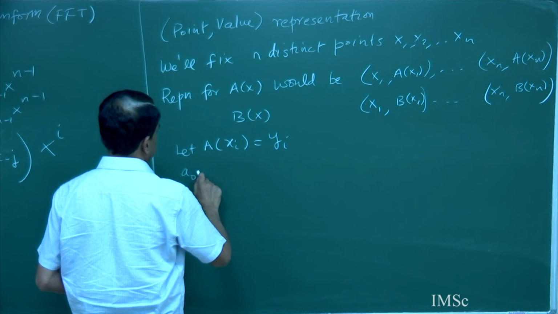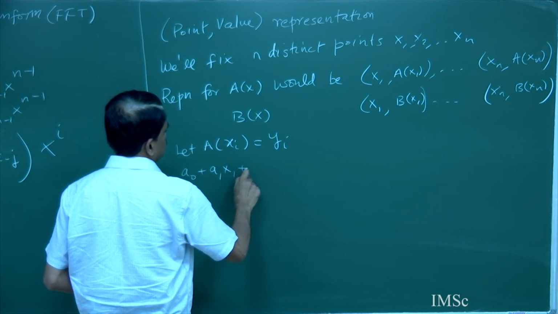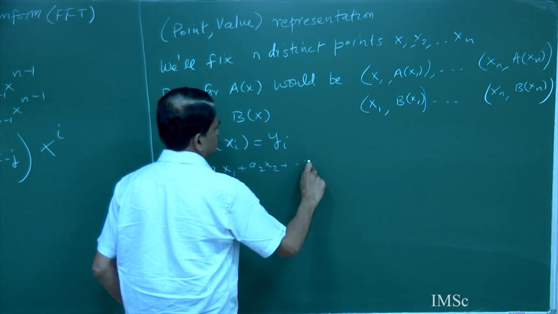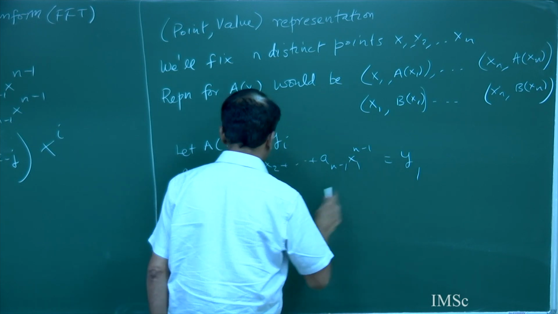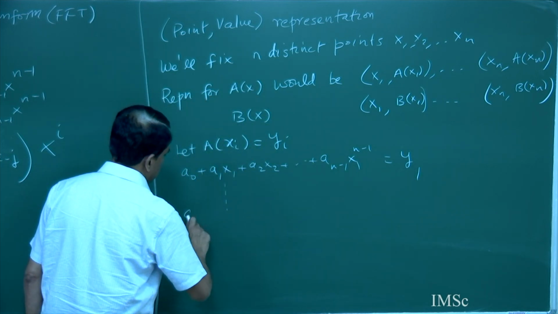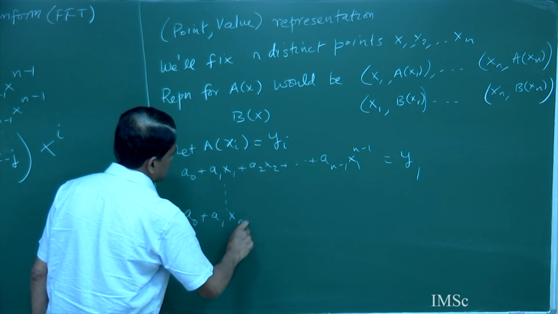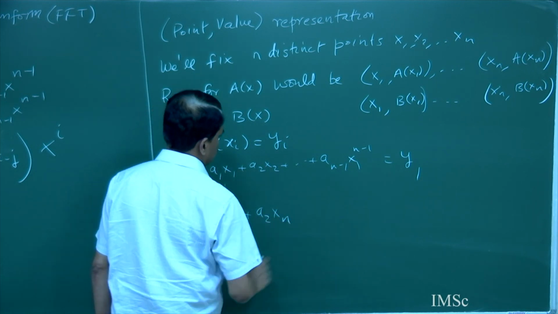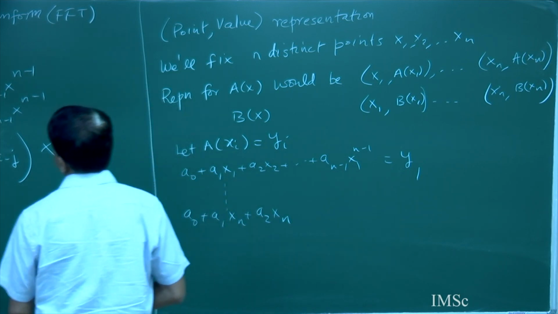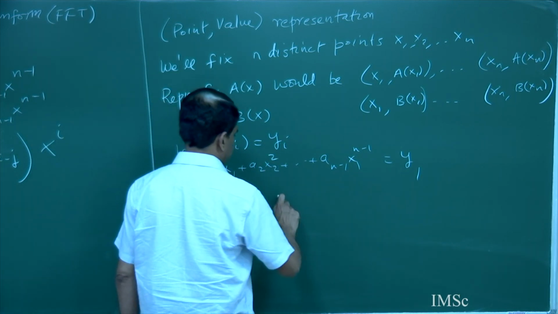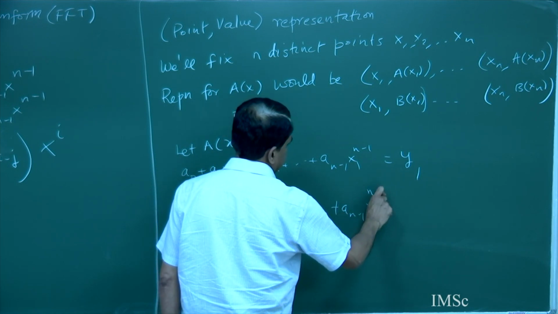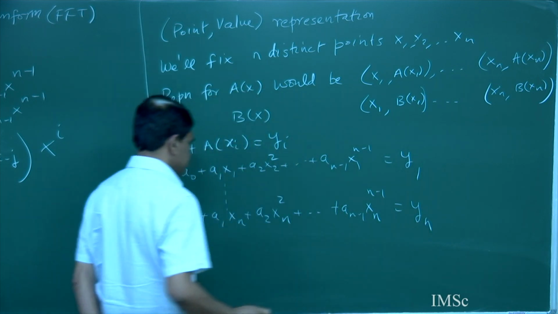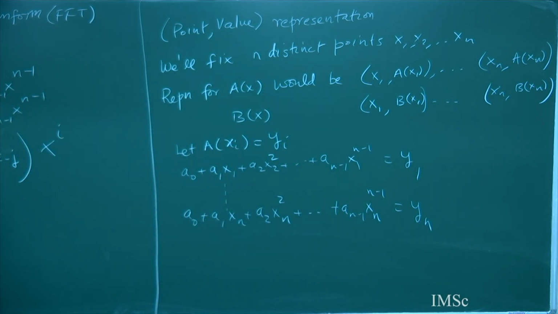Then I have a0 plus a1 x1 plus a2 x1 squared, up to a_{n-1} x1 to the power n minus 1, equals y1. And so on, up to a0 plus a1 xn plus a2 xn squared and so on equals yn. So n different equations on n unknowns, a0 to a_{n-1}.